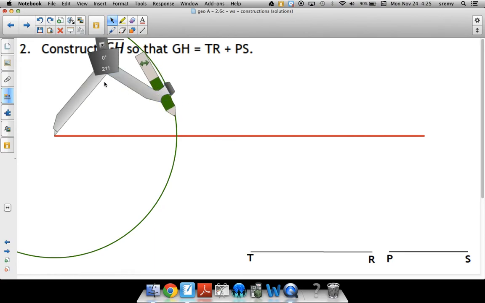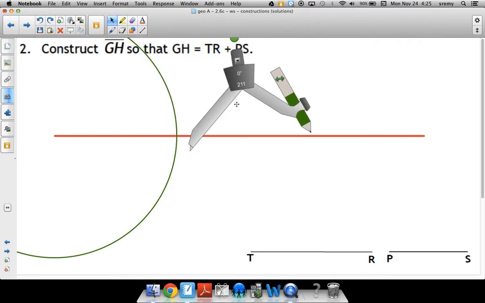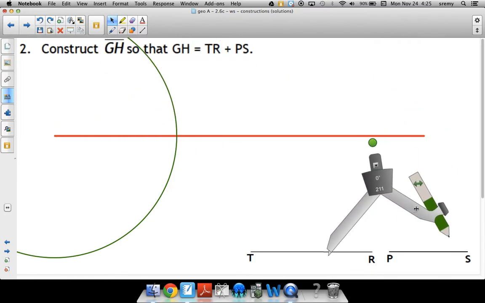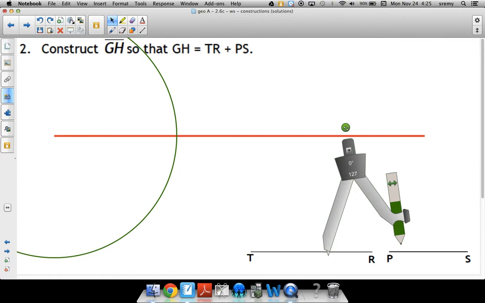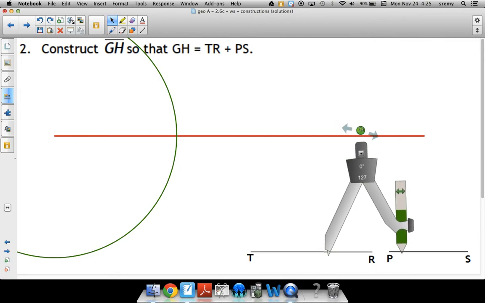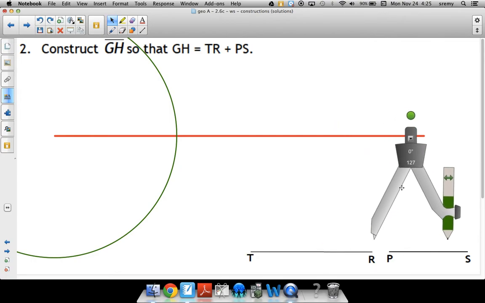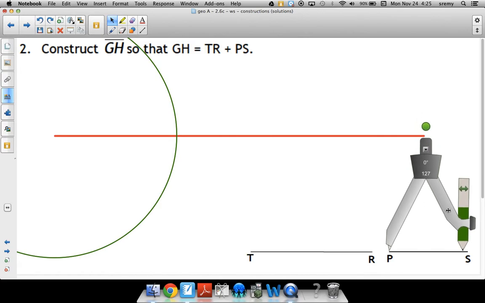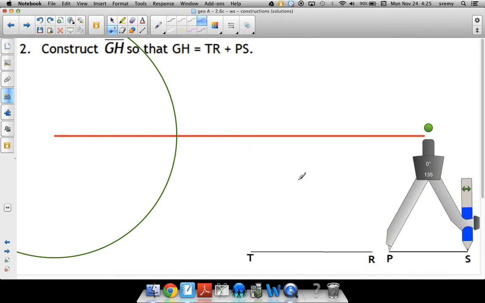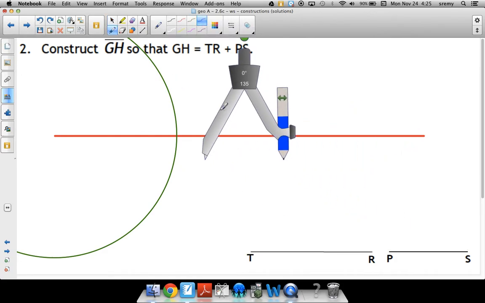Then you are going to mark off this next length. Okay, so let's see what the length is here. It's about that right there. So you're going to mark off that length starting where you just ended.